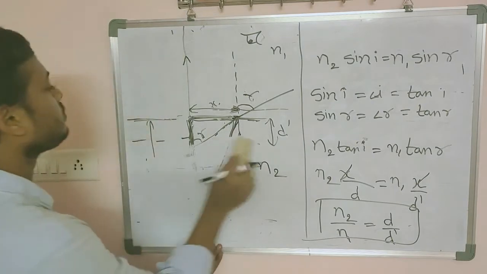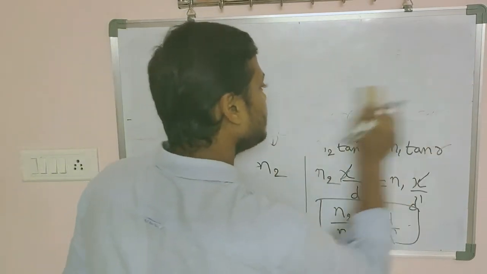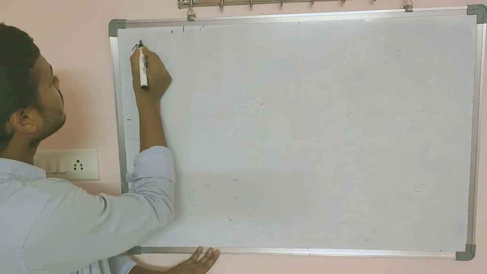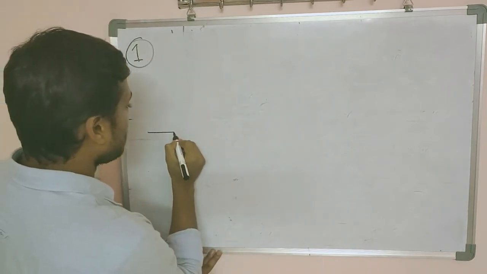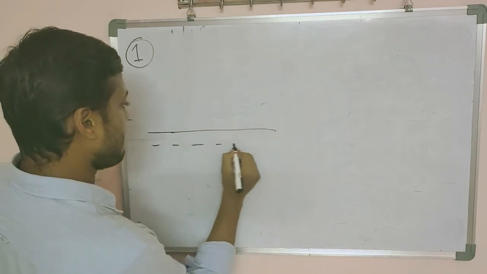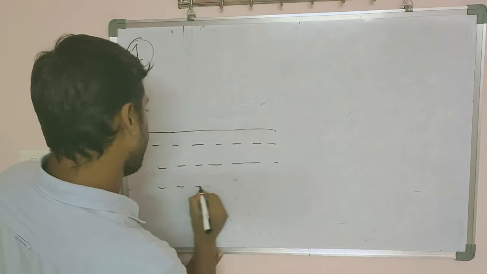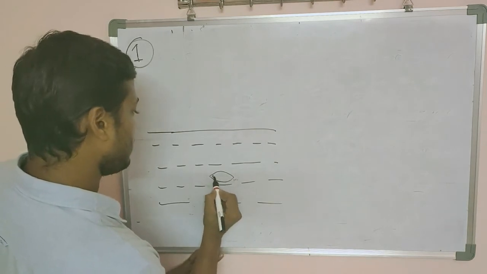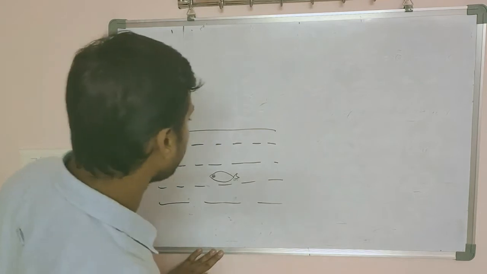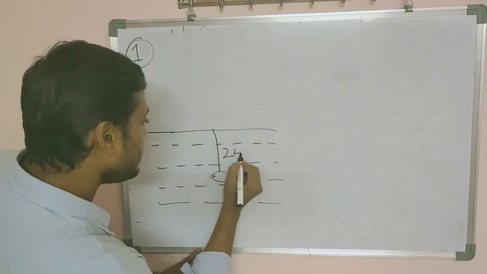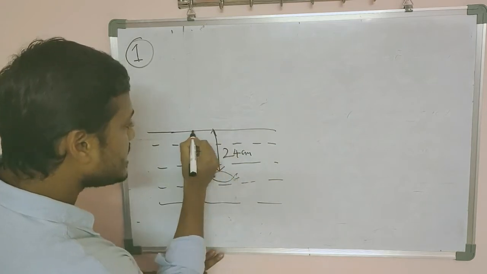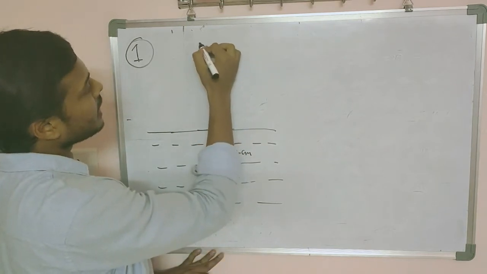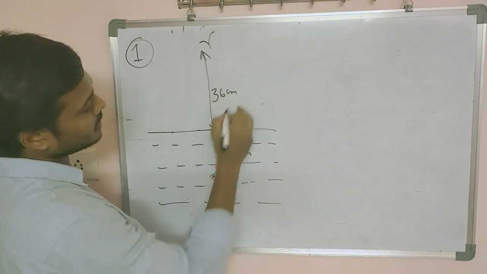Now let us go into the problems. The first problem is, this is a pond and there is a fish in the pond, which is 24 centimeters away from the surface, and there is a bird flying in the air which is 36 centimeters from the surface.